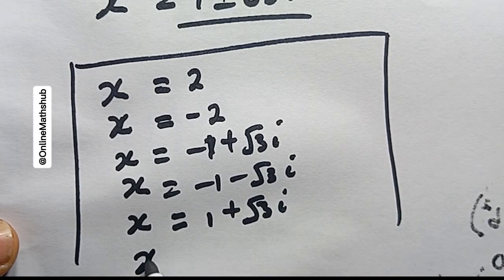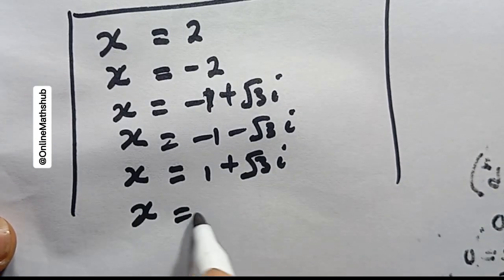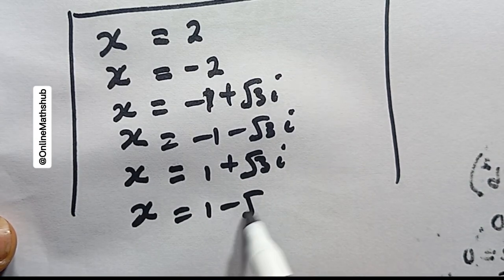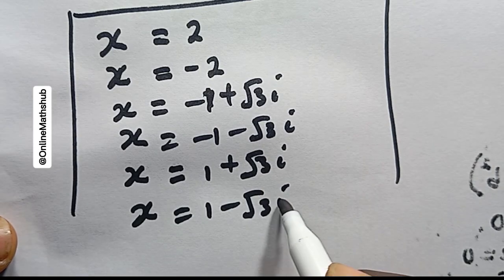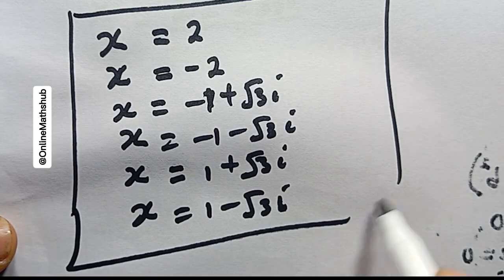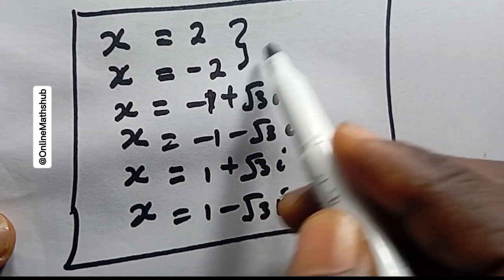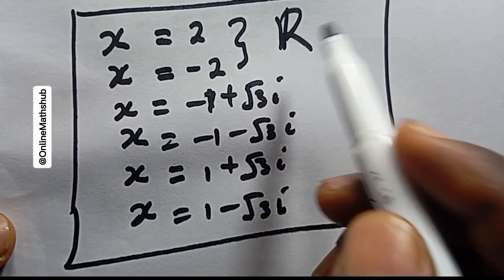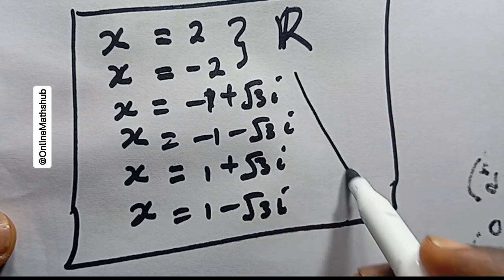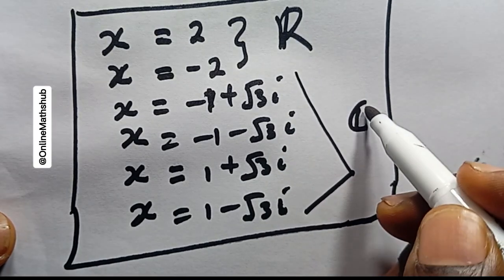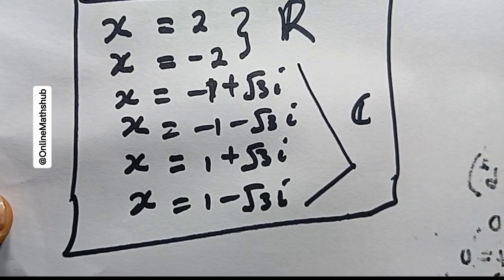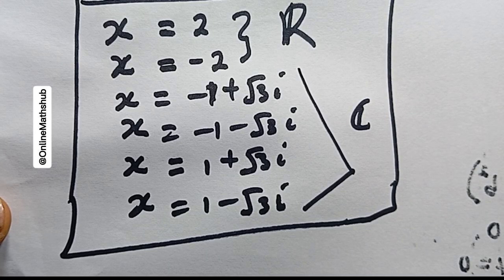And finally, x is equal to 1 minus root 3i. So these are the 6 values of x. And you can see that these 2 are real numbers, and these 4 here are all complex numbers, complex values.